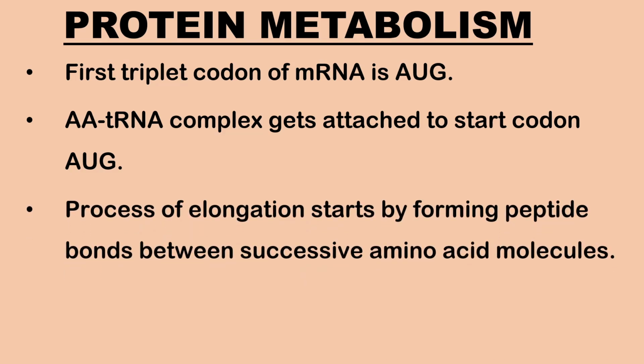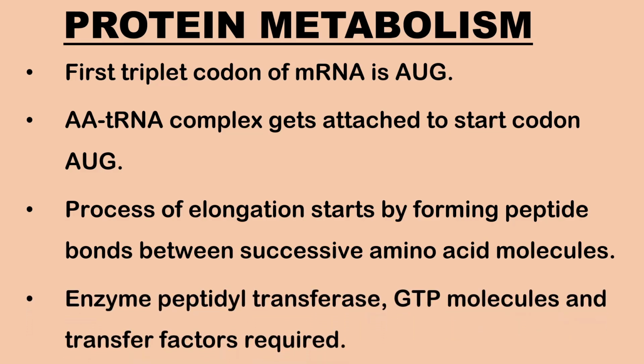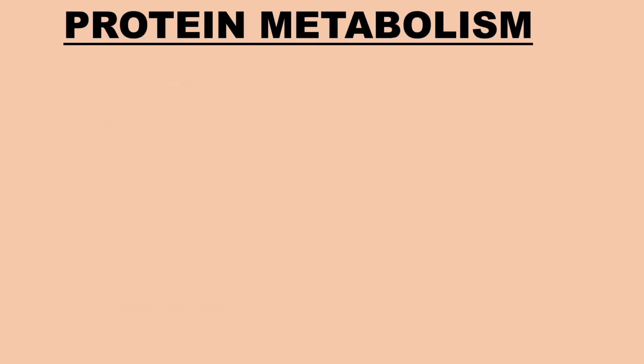In protein synthesis, the polypeptide chain grows in a particular sequence. After initiation, the process of elongation starts by the formation of peptide bonds between the successive amino acid molecules. The enzyme peptidyl transferase, GTP molecules, and transfer factors play a crucial role in this process.